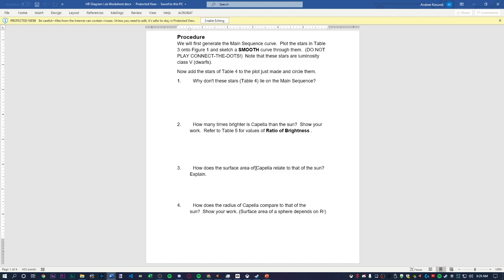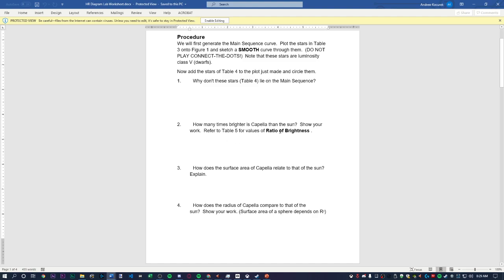However many times brighter it is, whatever number you get, hint, hint, it should be a fairly whole round number. It's going to have that much surface area compared to it. And I really wish we were in class because I could kind of show you better. But these two numbers, 2 and 3, are the same number. It's that much brighter because it has that much surface area. So if it's emitting the same amount of energy per area, it has that much more surface area compared to the sun.